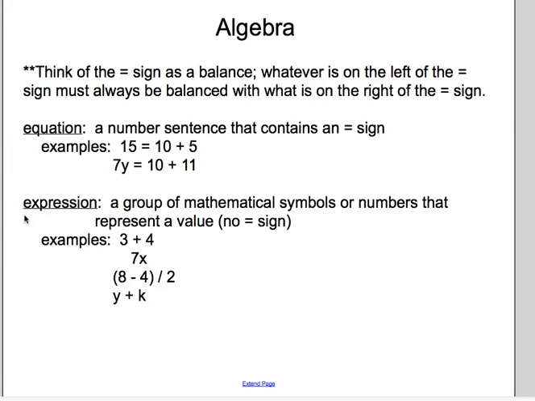Okay, so 3 plus 4 is an expression. 7x, that's an expression. 8 minus 4 divided by 2. Y plus k. These are all expressions. They are not equations because they do not have an equal sign with the value equal to it on the other side.